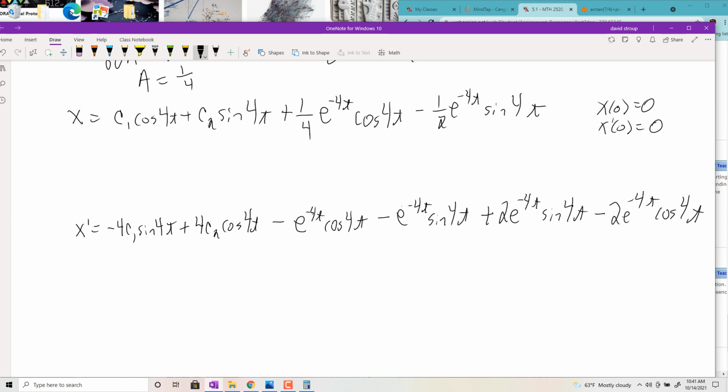Okay. Plugging 0, 0 in the first guy, I get 0 is c1 plus 1/4. So that implies c1 is negative 1/4.